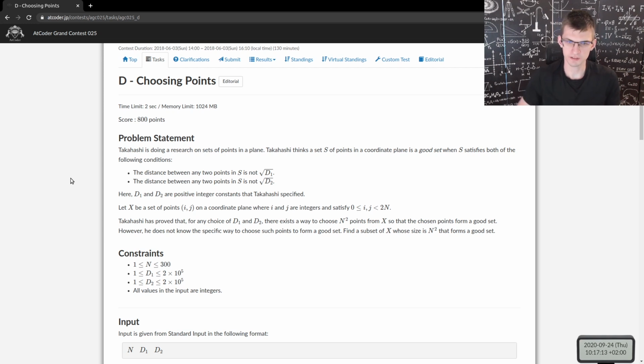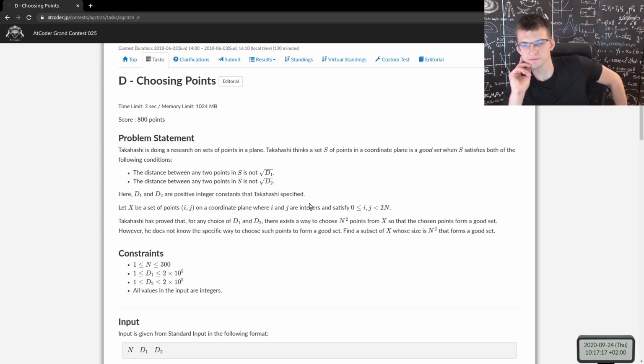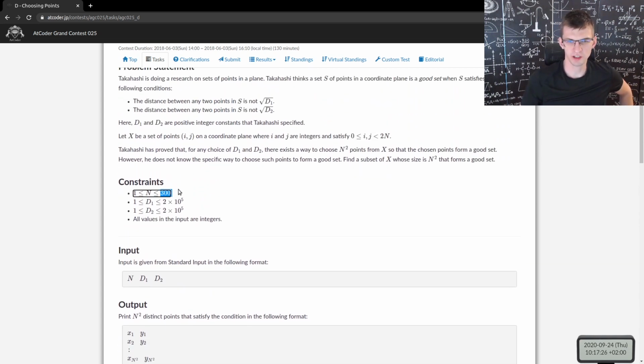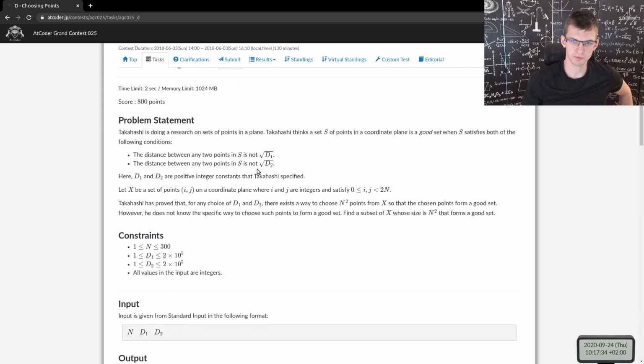The coordinates should be up to 2n. From a grid of size 600 by 600, choose such 300 square points that we don't have 2 points with this distance or this distance. Basically, the x square plus y square shouldn't be D1 or D2.